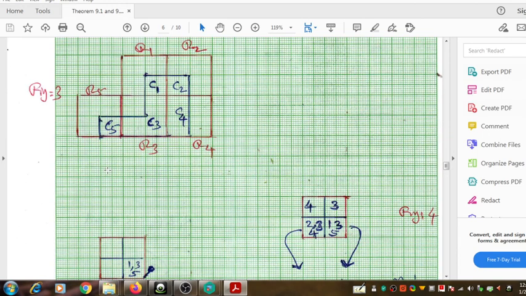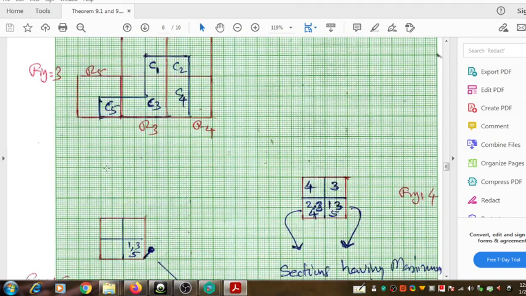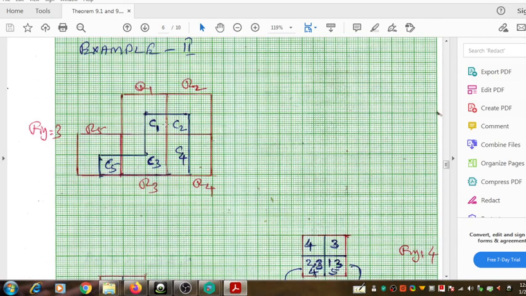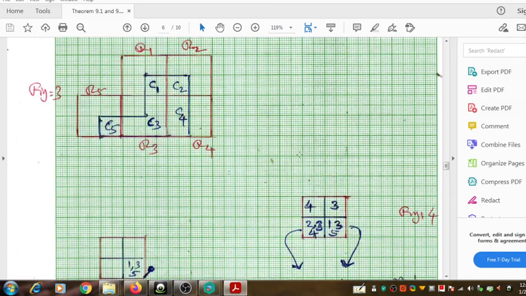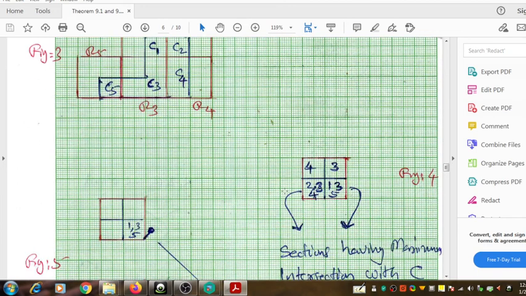So there are 5 rectangles, and they are taken one by one and piled on a separate region R. That makes the points of the region R have intersections with the subsets.